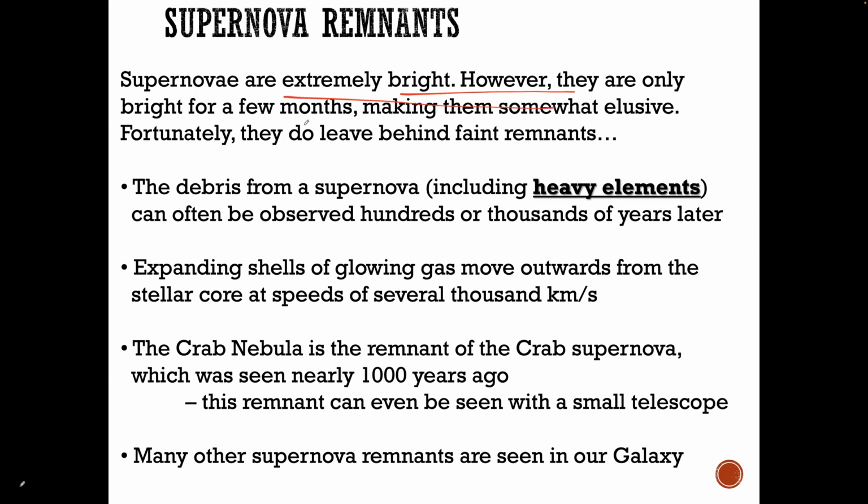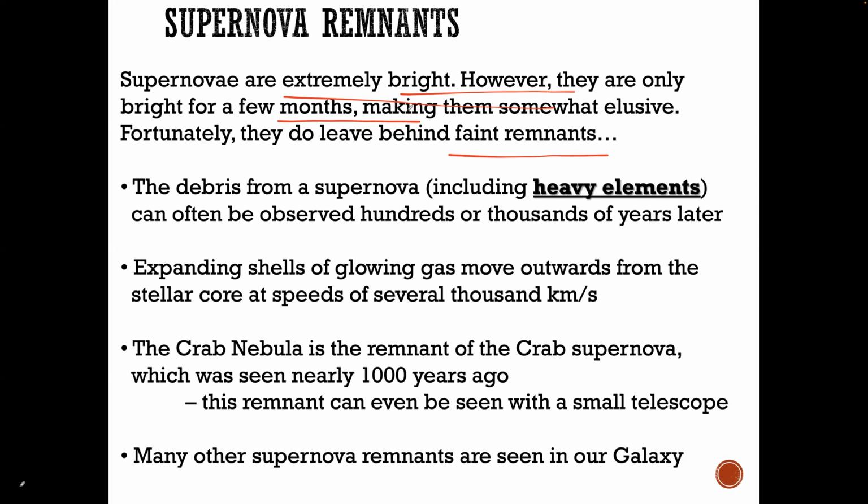However, they stay bright for only a few months, and then they fade away. They will leave some faint remnants; otherwise, we cannot detect those supernovas after the event. When it gets very bright, you can detect it as a supernova, but it will only last a few months and then fade away again.